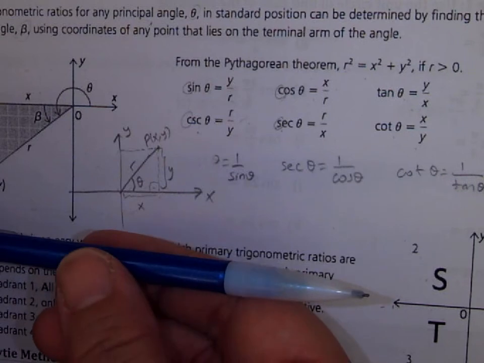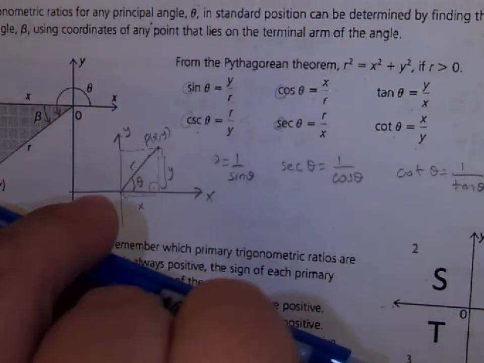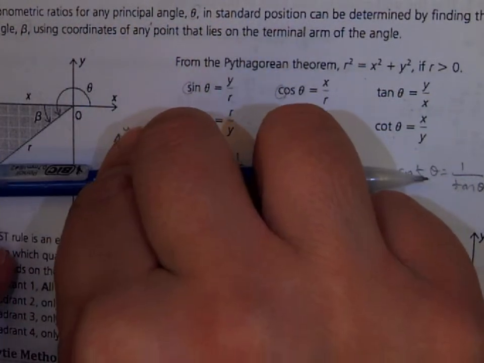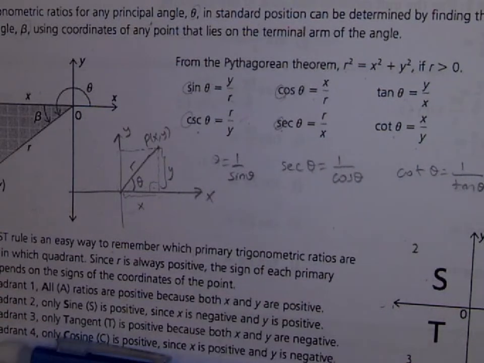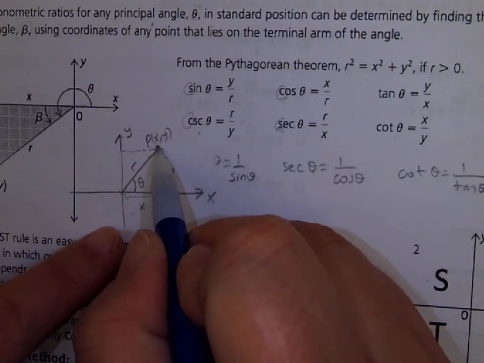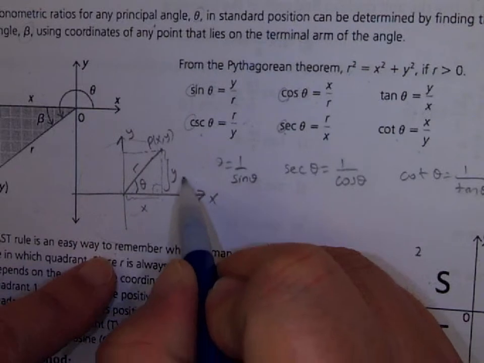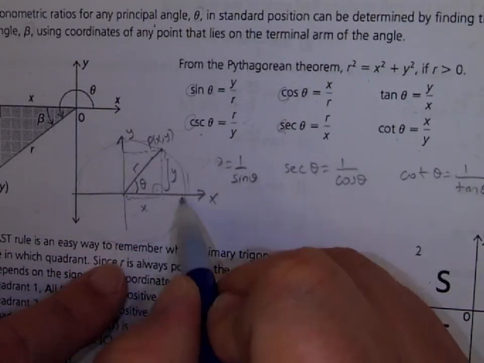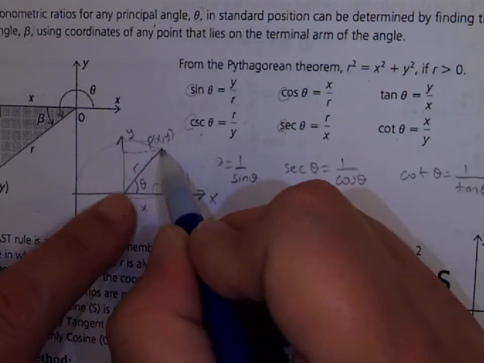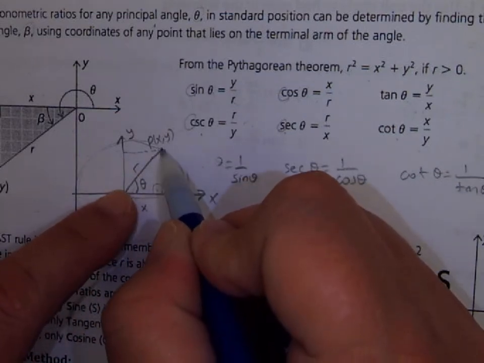How about if you rotate the terminal arm one full revolution? What do you get? You get a circle. Then that hypotenuse is the same as the radius of that circle.